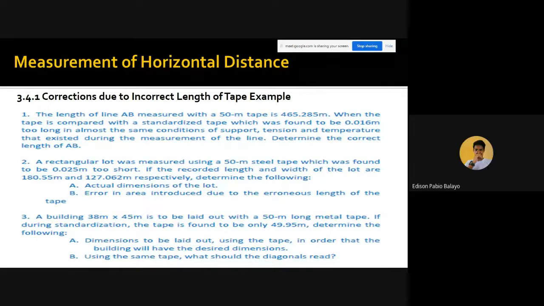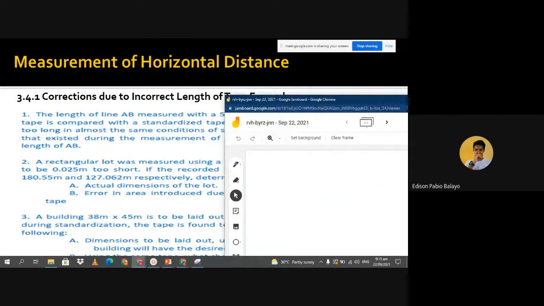When the tape is compared with a standardized tape, it was found to be 0.016 meter too long, in almost the same conditions of support, tension, and temperature that existed during the measurement of the line. Determine the correct length of AB.